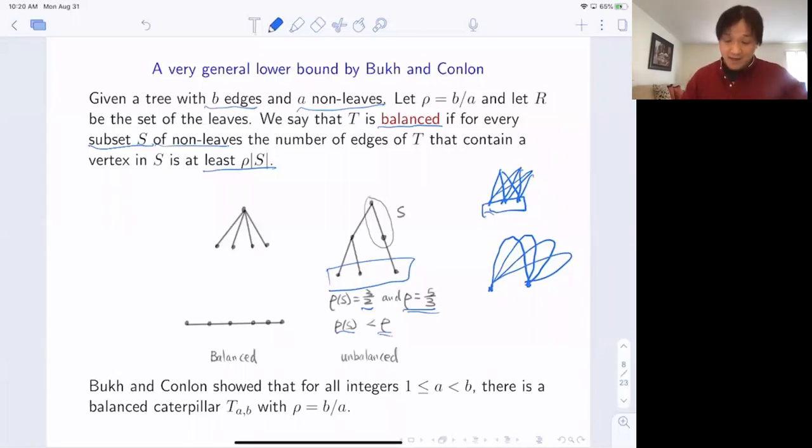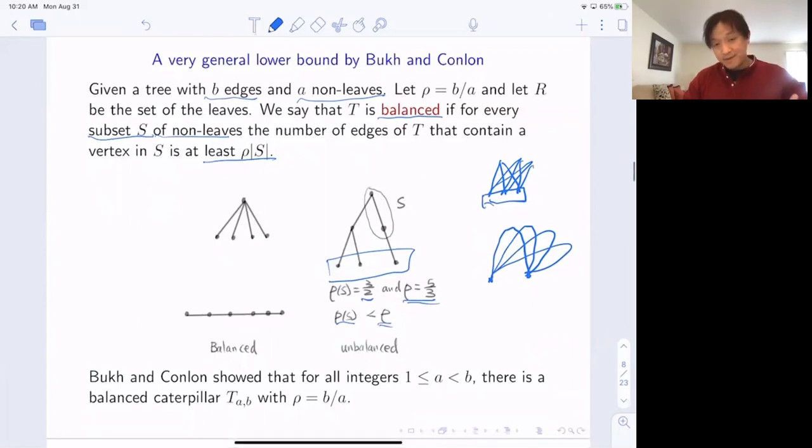Okay. So this is a notion of balanced, and this condition plays an important role both in the lower bound argument and in the upper bound conjecture. Now, such a notion may be limited if the kind of rho you can achieve by balanced trees is limited, but it turns out that's not the case.